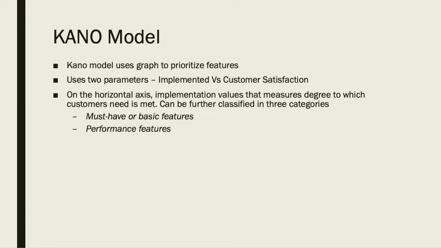Another set is the performance features. These are features where, the more time you invest in them, the more the level of satisfaction of your customers increases. Take the example of the texting app we said we will be implementing. We said we will have a QWERTY keyboard, but what if you enable autocorrection?